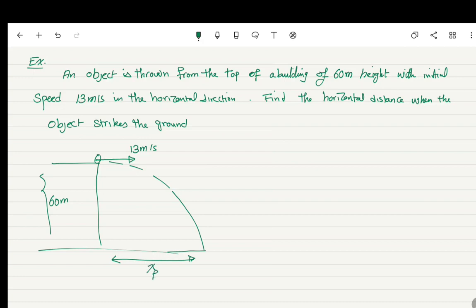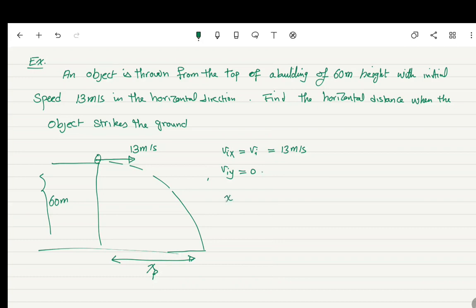This is x final. Now, to solve this, remember, the ball is thrown in the horizontal direction, which means the initial x velocity is equal to 13 meters per second, and the initial y velocity in this case is equal to 0. No vertical velocity component in this case here.